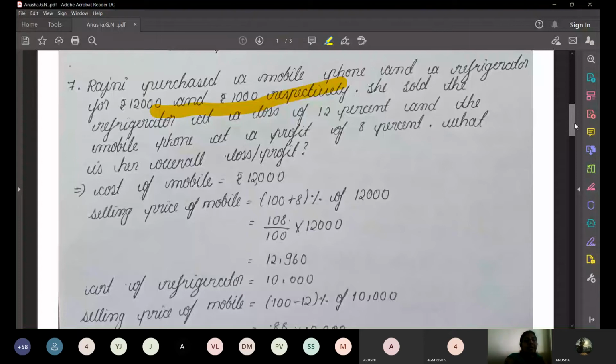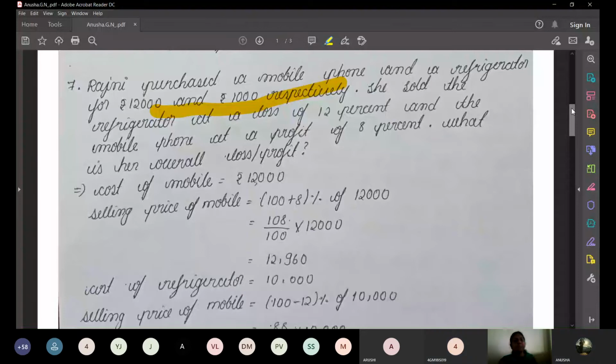Instead they have given that she is selling the refrigerator at a loss of 12%, so it is 100 minus 12. Here she is selling the first product at 8% profit, so 100 plus 8. Is that correct? We should know where we have to take subtraction and where we have to perform addition. Other things are very simple, but manual calculation will be there.